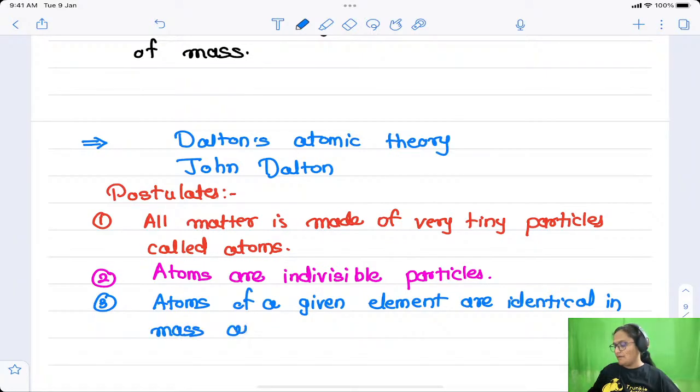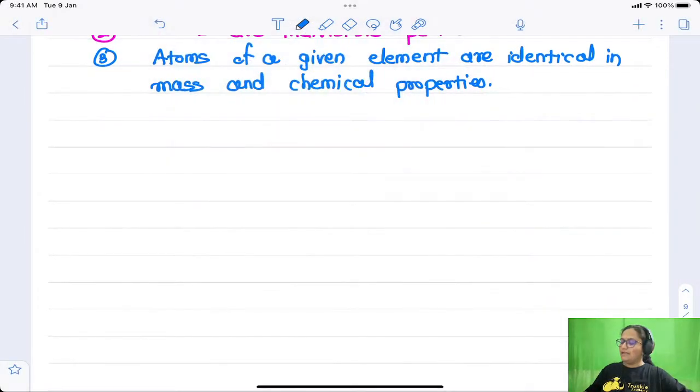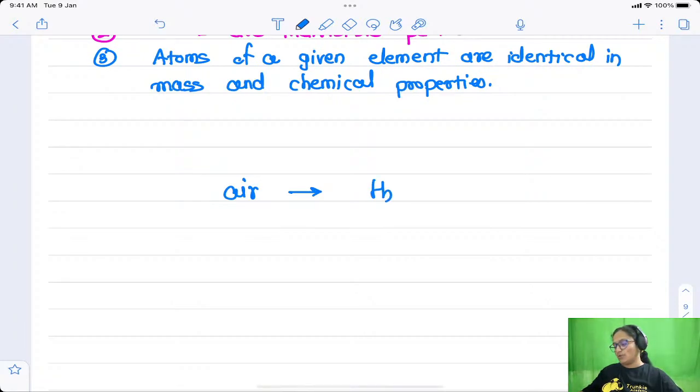and chemical properties. What is the meaning of this line? I will tell you. For example, if I take an air sample, in this air so many gases are there, out of which I collect the hydrogen gas molecules.